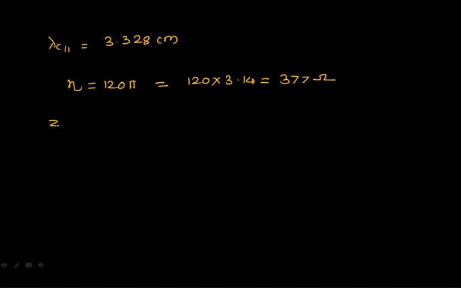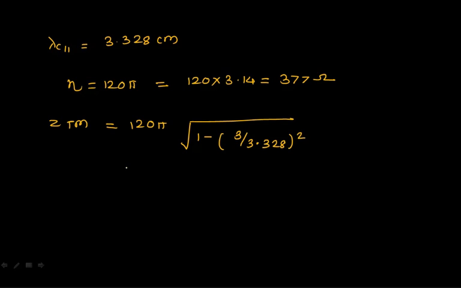Now what about the ZTM? So ZTM will be 120 pi times square root of 1 minus (3 by 3.328) square. So by solving this equation, I can write this will be 377 into 0.163.